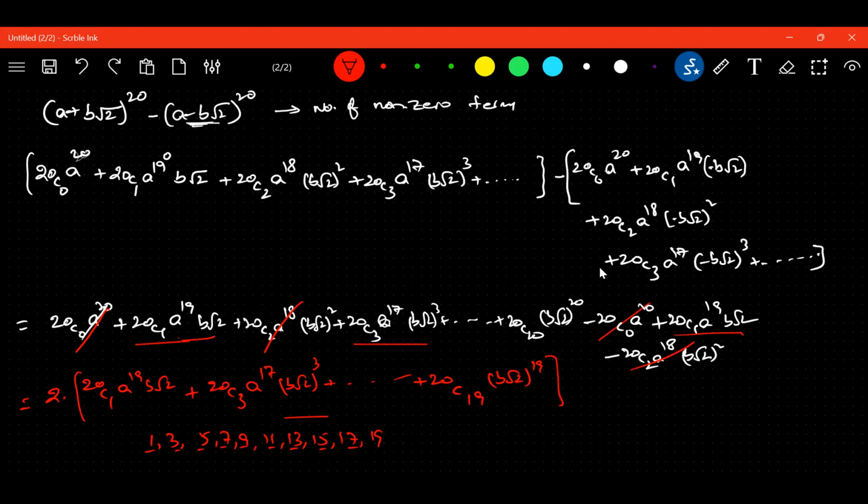Okay? Sir, is there any short method also? See, short method in the sense, Utkarsh, you have to calculate in mind which terms are getting cancelled. That's all, nothing other than that. That's the main logic behind it.